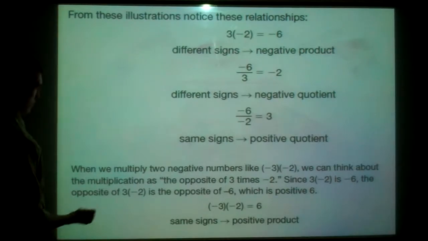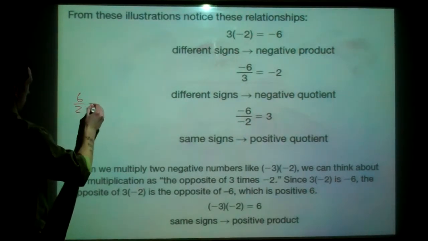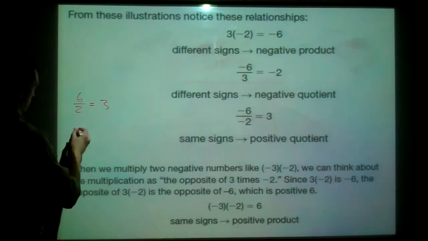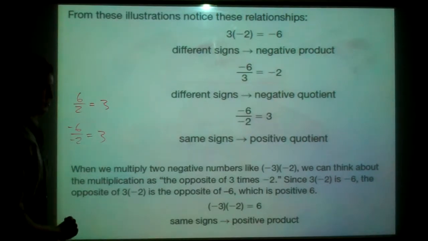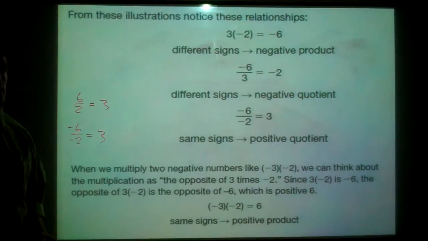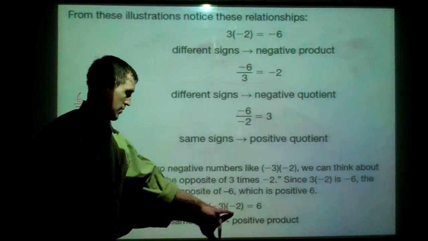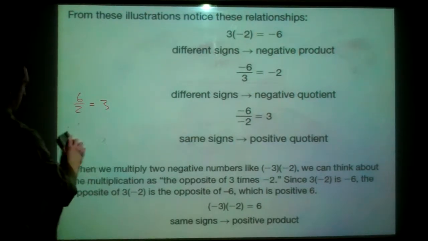You could also have same signs as positive: 6 divided by 2 gives a positive 3, and -6 divided by -2 also gives a positive 3. Same with multiplying: 2 times 3 is 6, but -3 times -2 is also 6. And we're going to notice some things about that coming up.